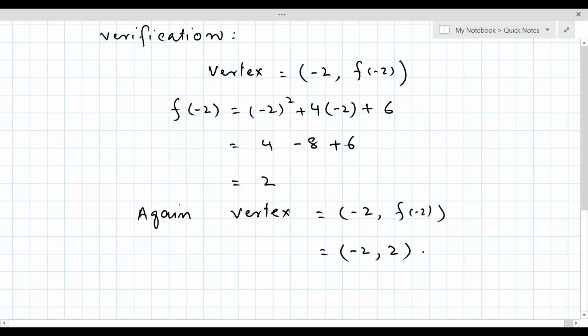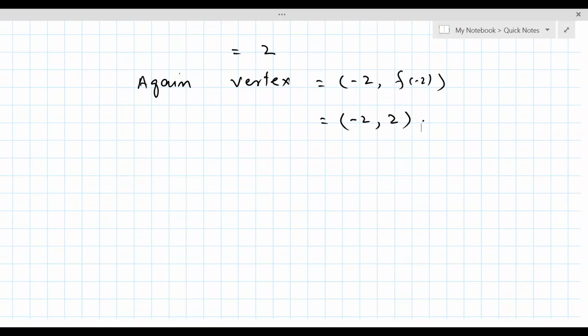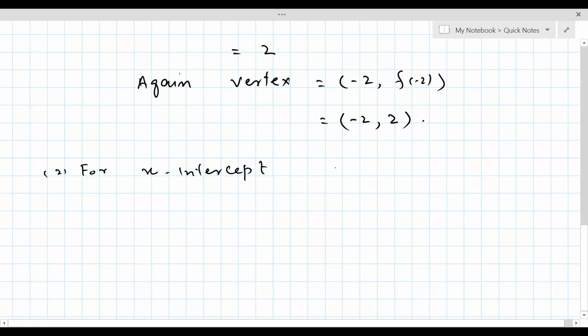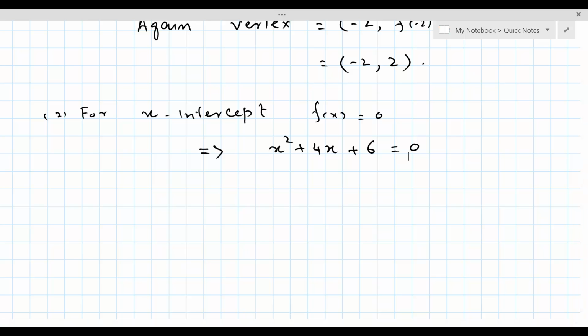So we are done with the vertex, and now we'll find the x-intercept. For the x-intercept, f of x is equal to 0. This means x squared plus 4x plus 6 is equal to 0. We can use the quadratic formula to find two values of x.